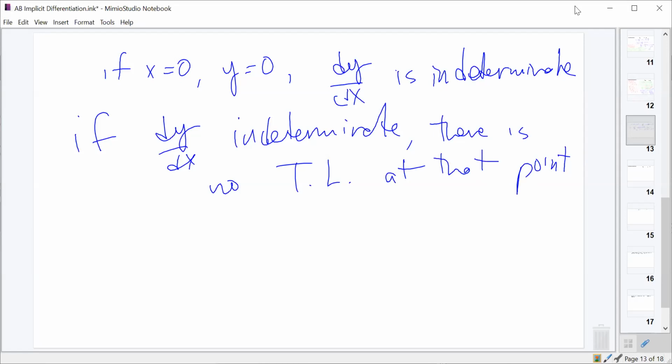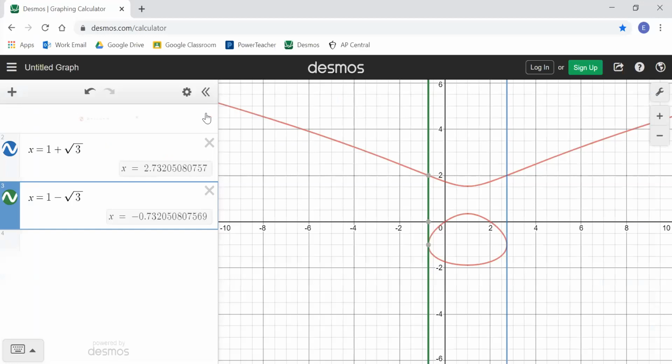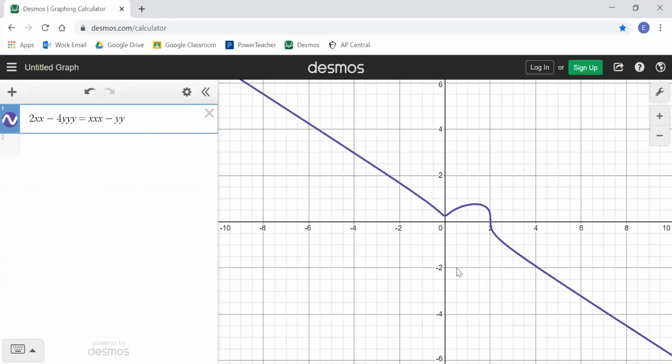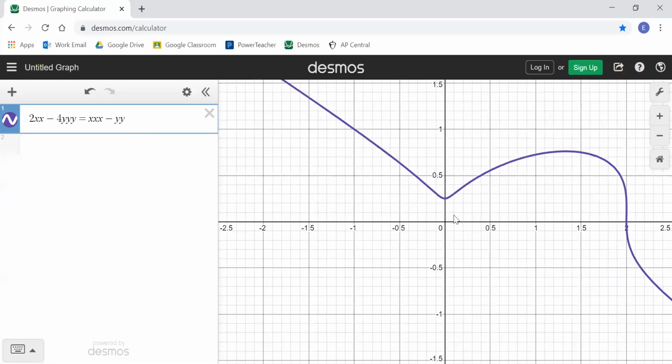And so I'm real quickly going to graph the original function that we were dealing with, which was 2x squared minus 4y cubed equals x cubed minus y squared. And we'll see it doesn't look like anything is happening at the point 0, 0.